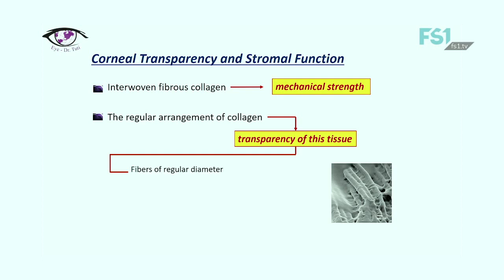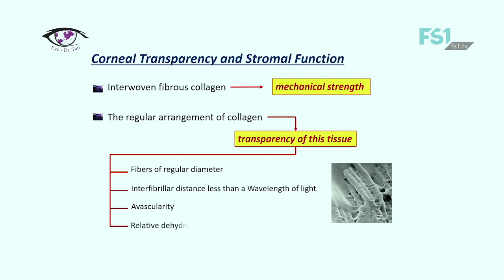The fibers of the stroma have regular diameter and an interfibrillar distance less than a wavelength of light. Another factor is avascularity of the cornea, as we know already that the cornea has no vessels, and relative dehydration.